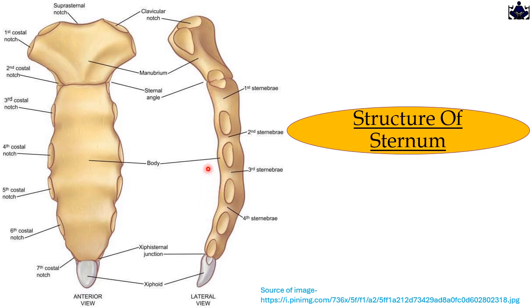The body of the sternum shows 5 pairs of notches on the lateral sides, which are meant for direct or indirect attachment of ribs. The xiphoid process is the lowermost part of the sternum, which is cartilaginous initially, but afterwards, in adulthood, gets ossified. It provides space for attachment of the diaphragm and abdominal muscles.